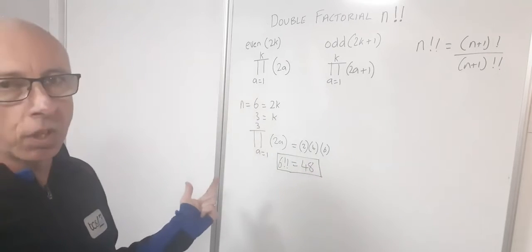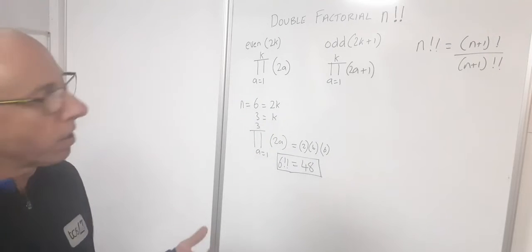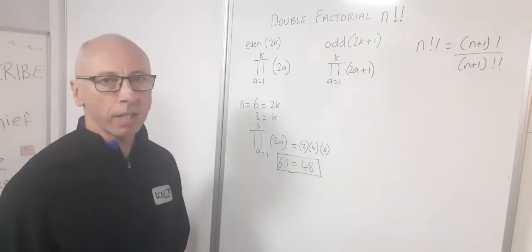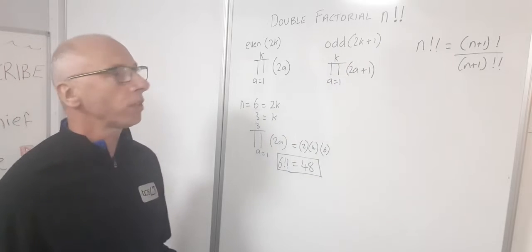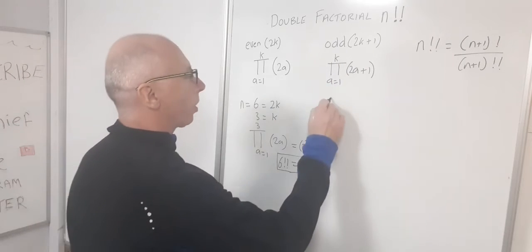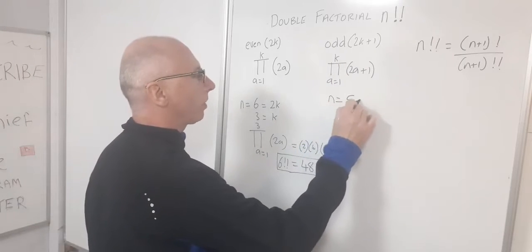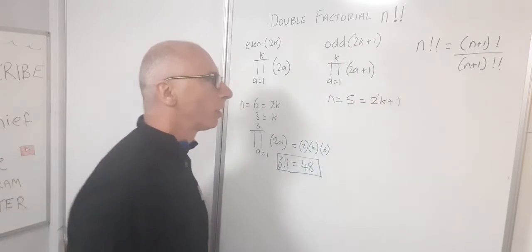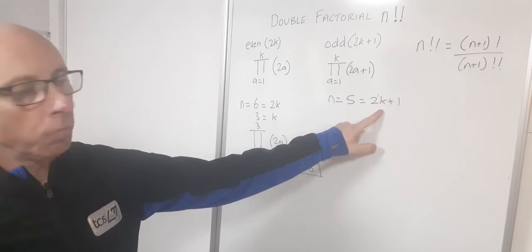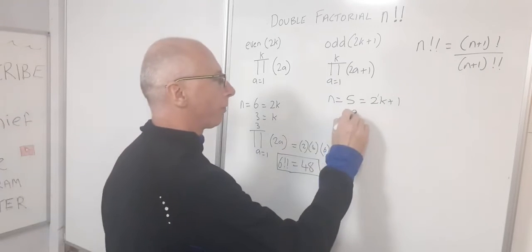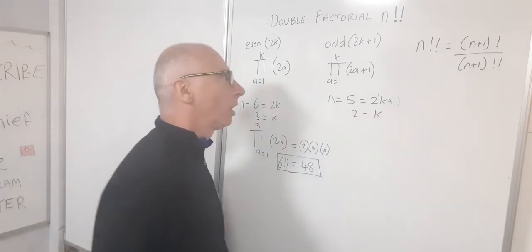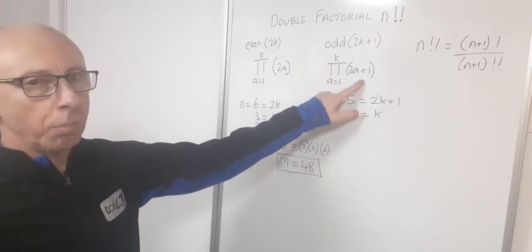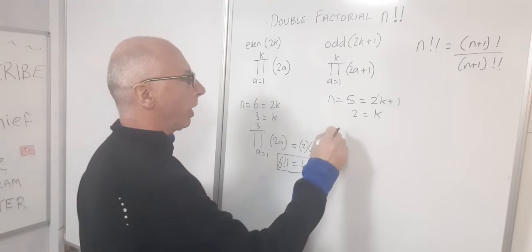And you can try this for a lot of other numbers as well, so see how you get on with that. Now for odd numbers. An example of an odd number, let's just use the number 5. So if n equals 5, which equals 2k plus 1, solving for k, we can see that k equals 2. So now plug that into this product formula.